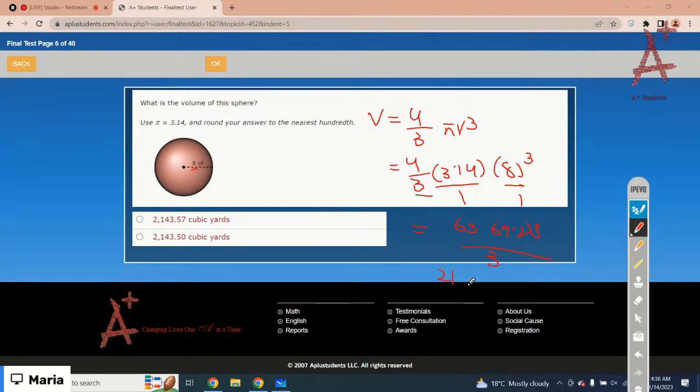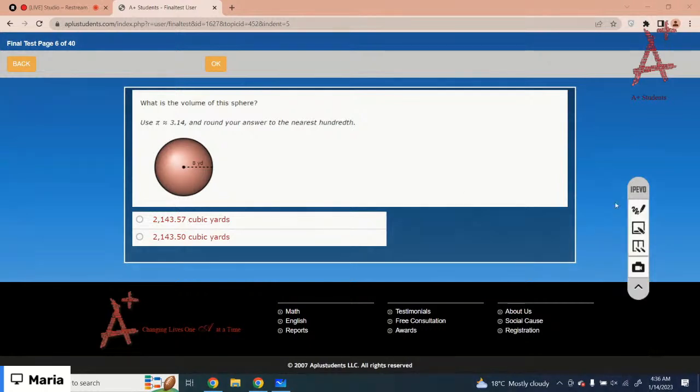It is 2143.57 cubic yards. Option number 1 is the correct option. Got it? So just select the correct option, then click on the OK button. That is the correct option, 2143.57.